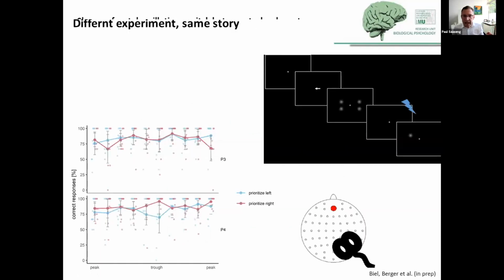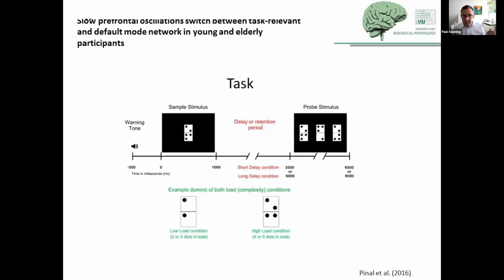Even here, it seems as if this frontal midline theta is switching between the left or the right parietal cortex, maybe depending on whether information which is processed there is relevant or not.